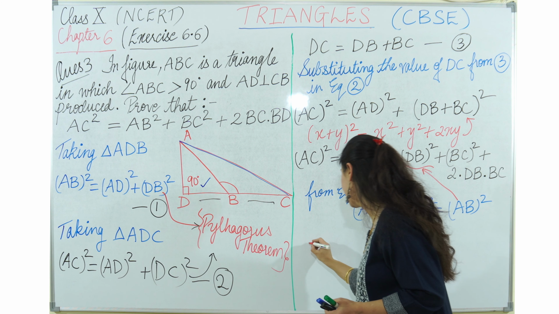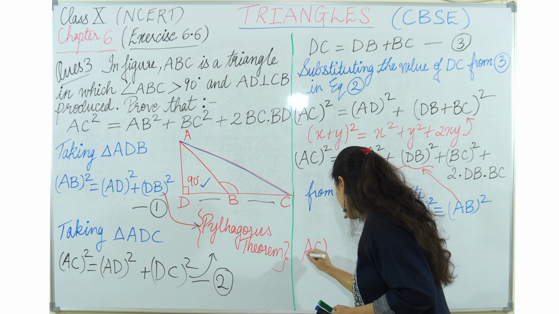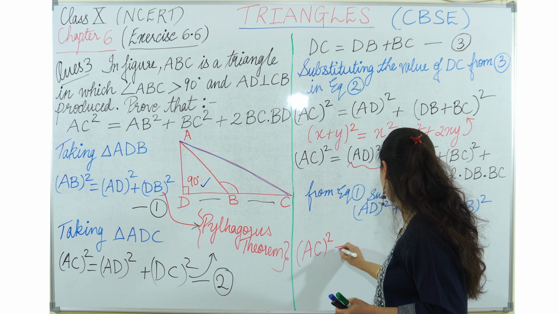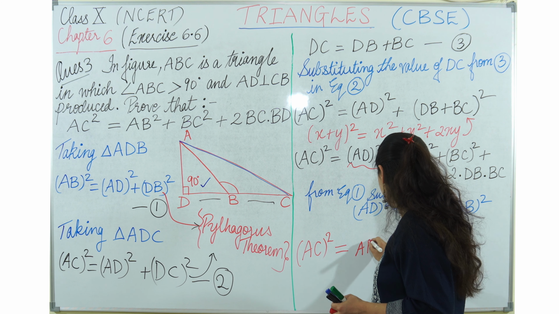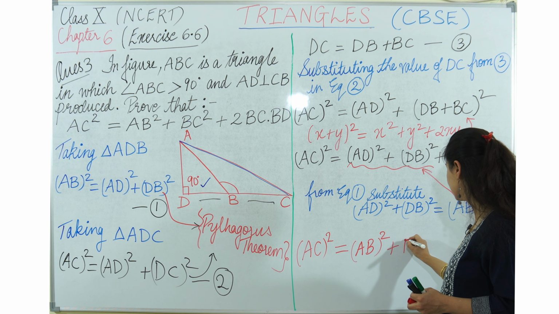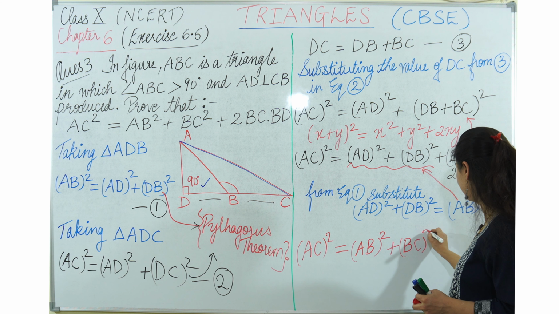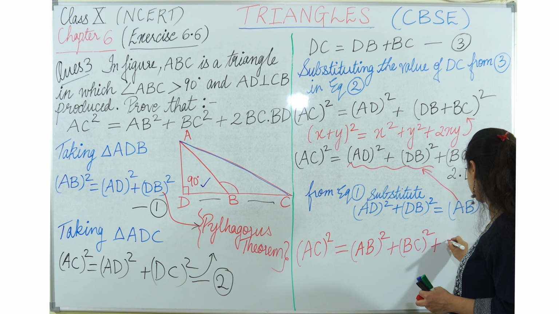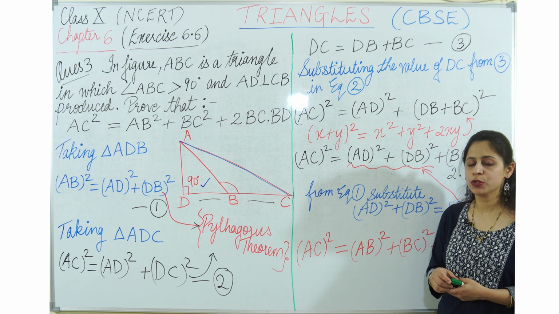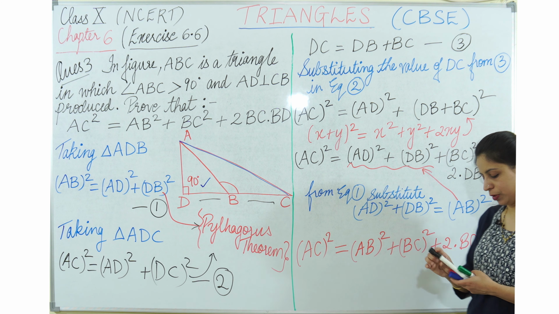So finally we will be getting AC square is equal to AB square plus BC square plus twice of BC BD. And this is exactly the expression we needed to prove in the question.